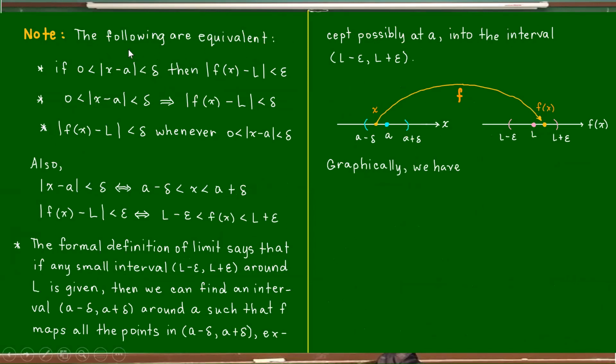So note the following are equivalent. Take note that when you say if the absolute value of x minus a is between 0 and delta, then the absolute value of the difference between f of x and L is less than epsilon. This is the same as what?